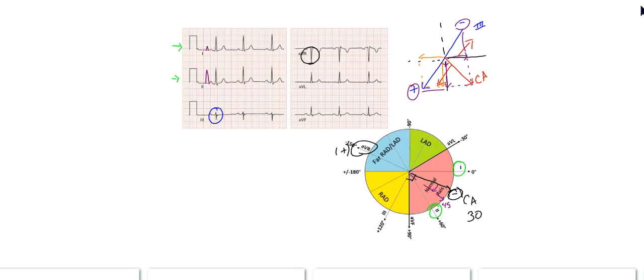Not necessarily changing the direction, but if you have something wrong with part of the Purkinje system, then the current is still going to get to that part of the heart. It's just going to take a little bit longer because now it's passing through the muscle fibers instead of the conduction system. Any other questions?